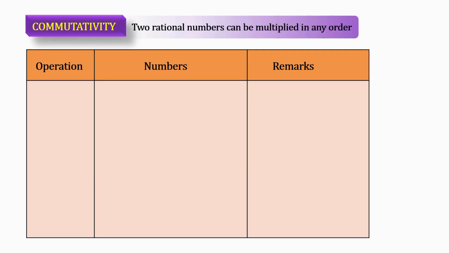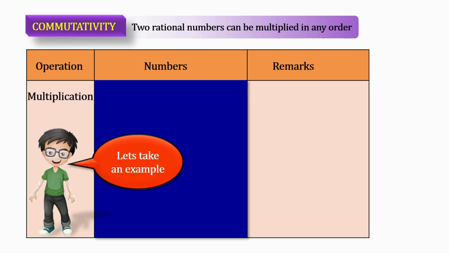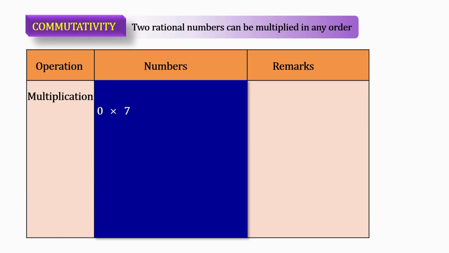Two rational numbers can be multiplied in any order. Operation multiplication. Let's take an example. 0 multiplied by 7 gives you 0, and 7 multiplied by 0 gives you 0.